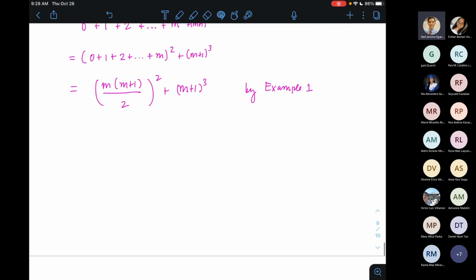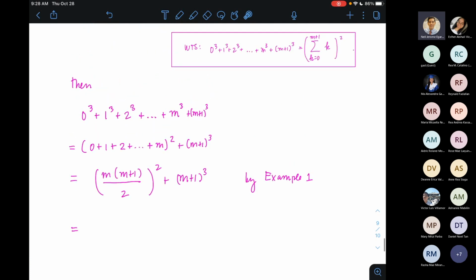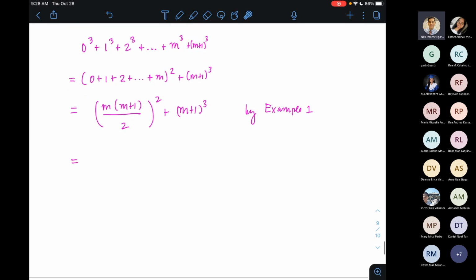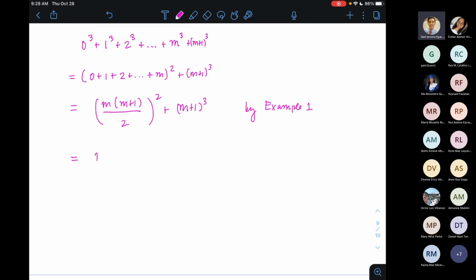Okay. All right. And then I'll try to simplify this, and hopefully at the end of the day, I can simplify this guy into this form. Summation mula kay 0 hanggang kay m plus 1 quantity squared, because that's what we want to show. So here I'll have what? I'll have m squared times m squared plus 2m plus 1. So dahil naka-square to, naka-square yung buong fraction, bawat factor niya ay may square.